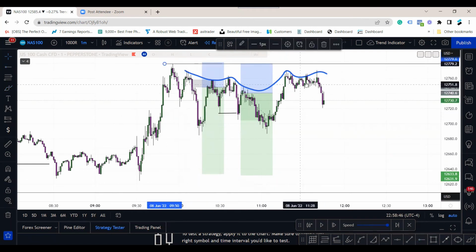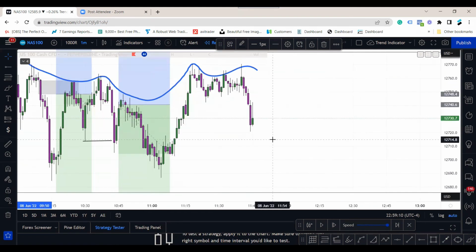But it failed, right? It failed. And then we see the final one was something here, 11:40, right? That is when the New York session, coming near lunchtime, when traders are about to go off for lunch, we are going to see the first half of the trading session ending soon, right? We see this price displacement one more time, right?